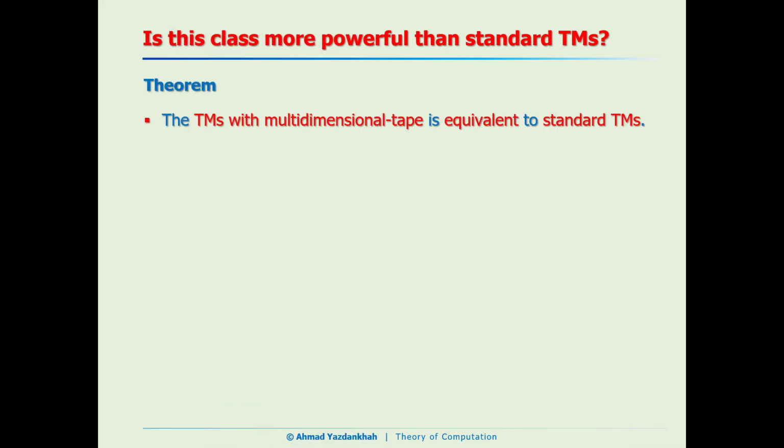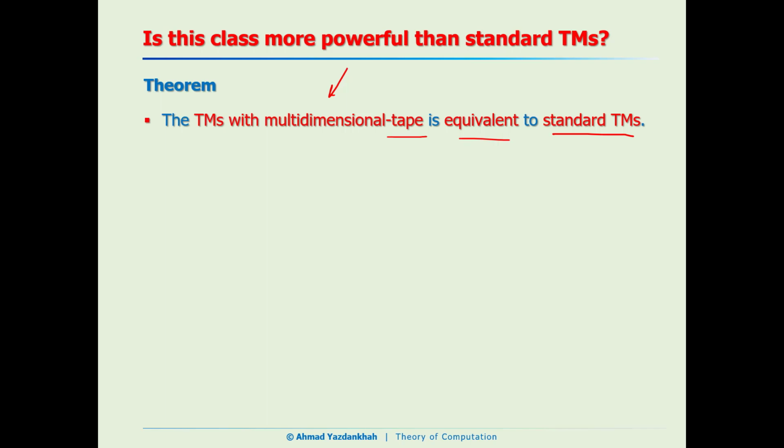We have a theorem saying that Turing machines with multidimensional tape are equivalent to standard Turing machines. So it means that even by changing the tape like this, it does not add any power to a standard Turing machine, because we can simulate this kind of Turing machine with just one simple tape.